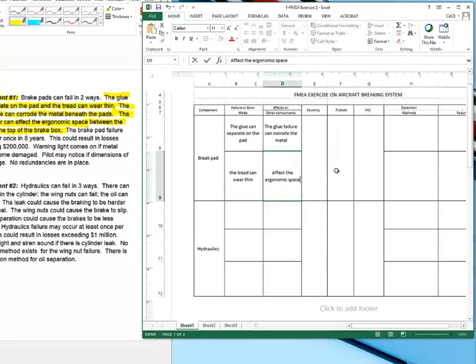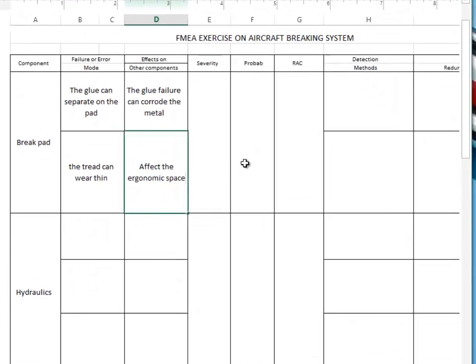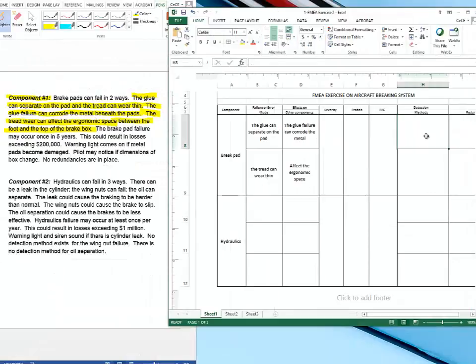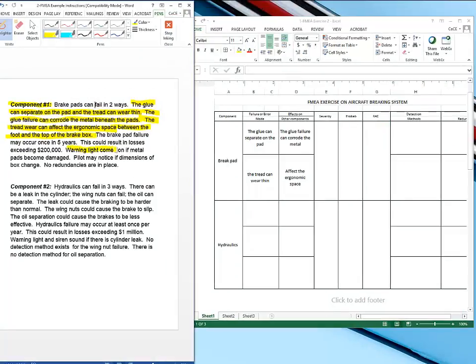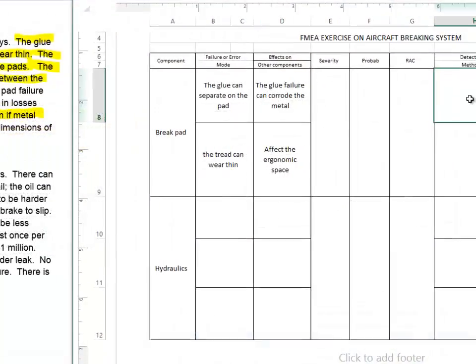These next 3 boxes, severity, probability, and RAC, are things that we're going to look at a little bit later. Let's look at detection methods, all right? So how could we detect this? Let's look at our example, and it shows that a warning light comes on if metal pads become damaged. All right, that's one warning method.